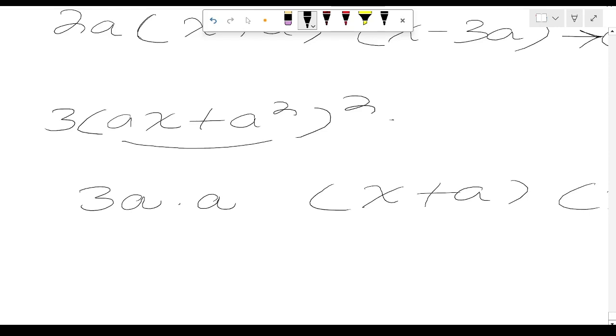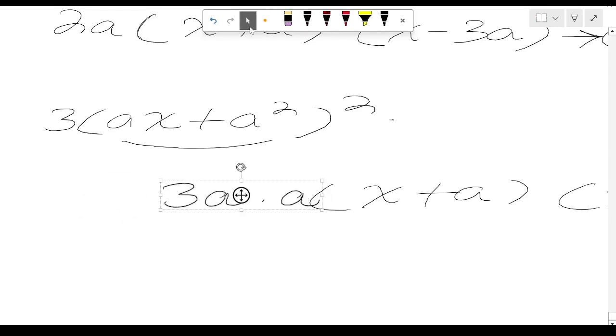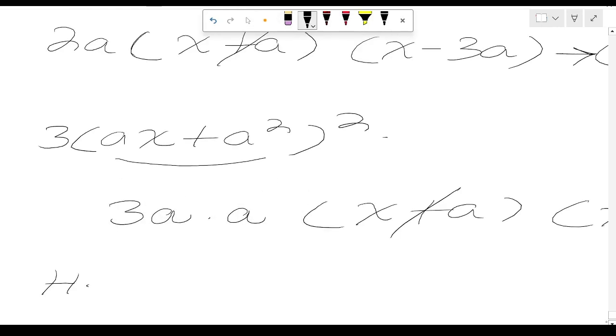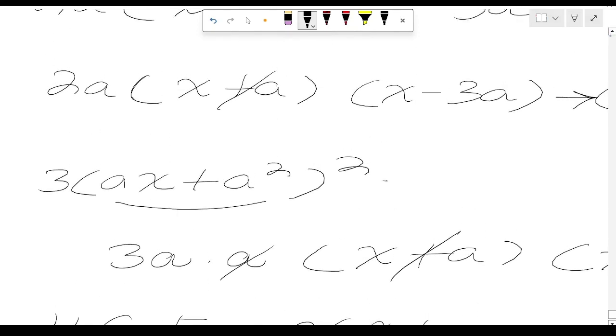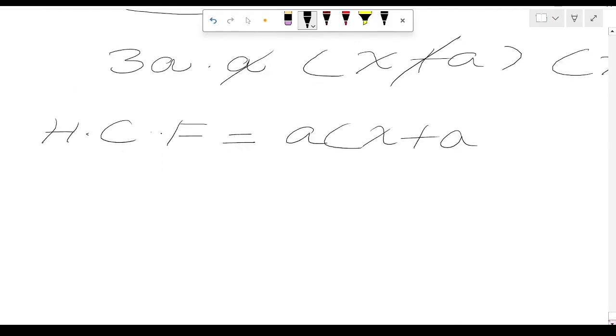After writing that, this is our third factor. HCF is equal to a bracket x plus a, because here we have a bracket x plus a, and here we also have a bracket x plus a, and in the above we also have a bracket x plus a. So this is our final answer for question number 9, and exercise 4.3 has been completed.